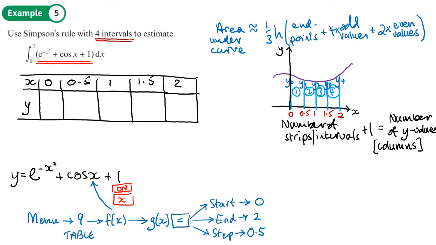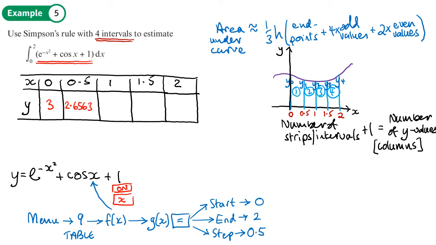The table goes downwards rather than sideways, but that's not a problem. And I just fill in the values. So I can see next to where x is 0, it says 3, so I put 3 down. Then next to 0.5, it says 2.6563.